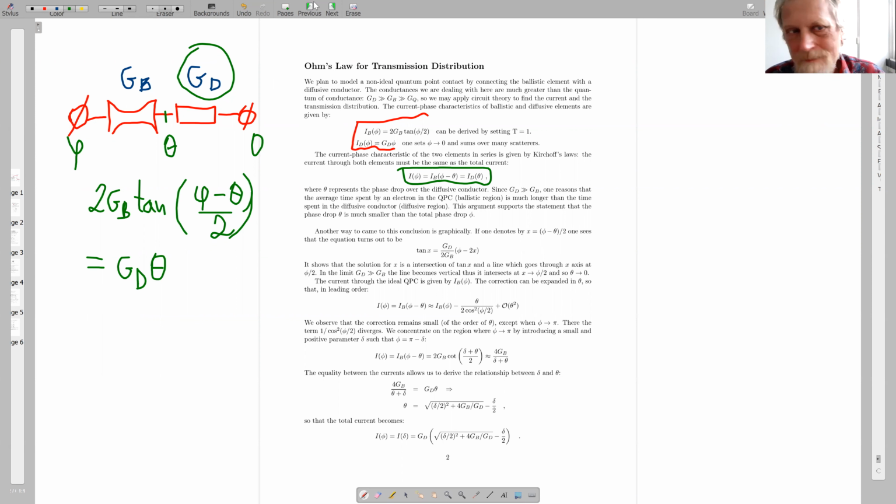Good. Let us look at this circuit as an electric circuit.